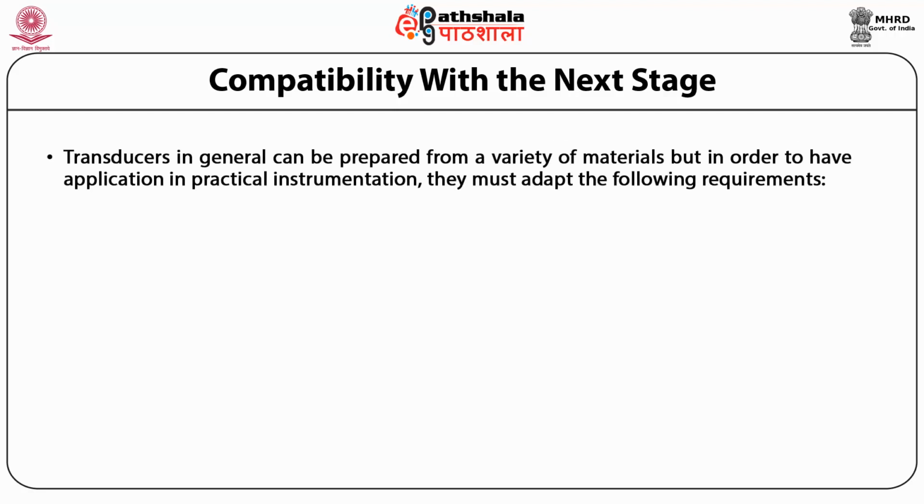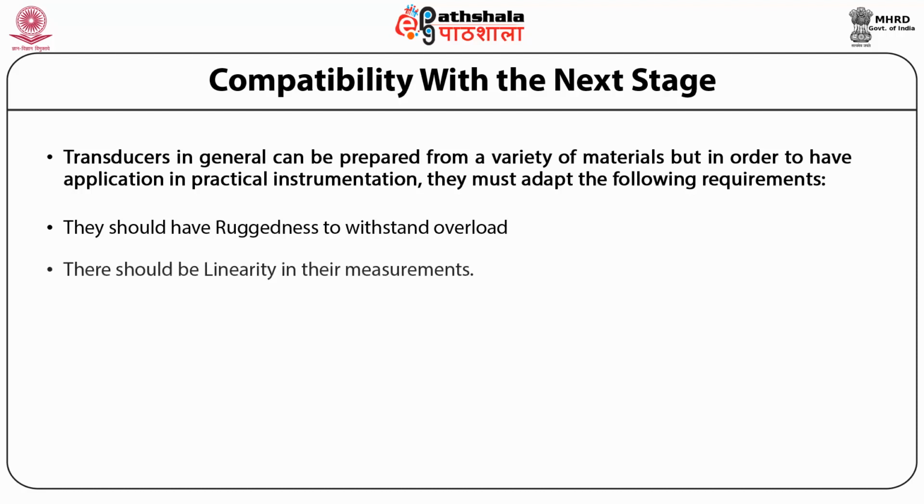Transducers in general can be prepared from a variety of materials, but in order to have application in practical instrumentation, they must meet the following requirements. First, they should have ruggedness to withstand overload.